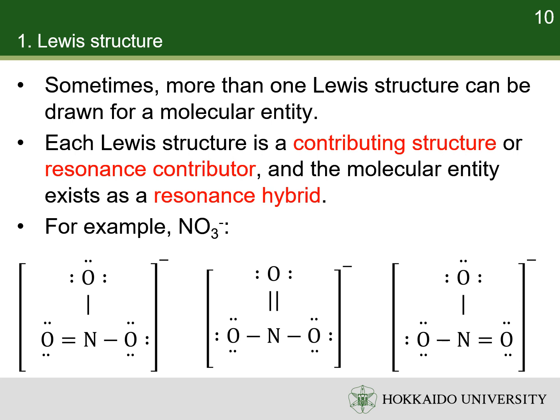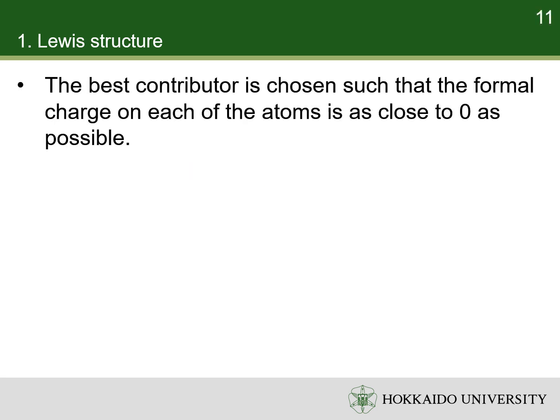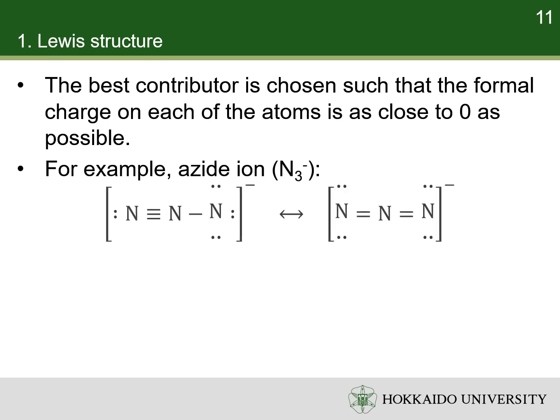Expressing resonance when drawing Lewis structures may be done by drawing each of the contributors and placing double-headed arrows between them. Among the contributors, the best one is chosen such that the formal charge on each of the atoms is as close to 0 as possible. For example, 2 contributors of azide ion can be drawn.